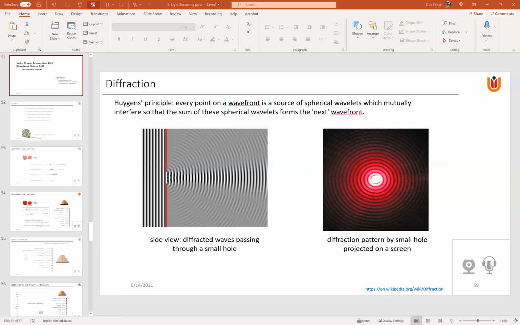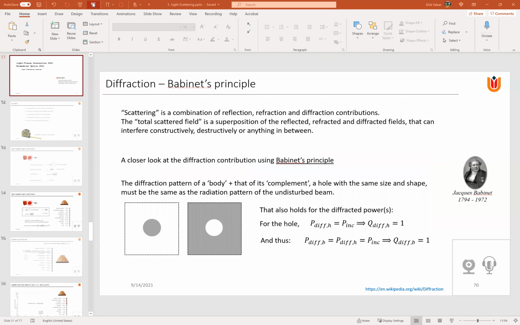What will happen is, okay, let me finish the argument first, which takes only one slide. If you agree that this happens when you have a hole in the screen, then the scattering part I just talked about is fine. Now let's take a close look at this third interaction, the diffraction contribution.